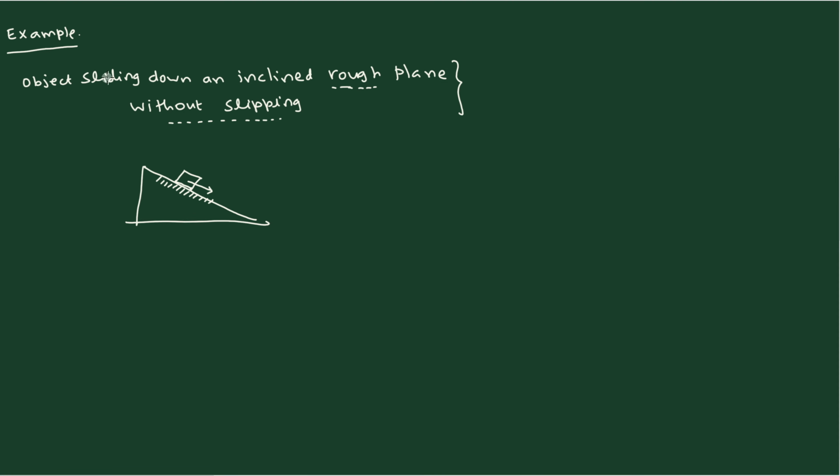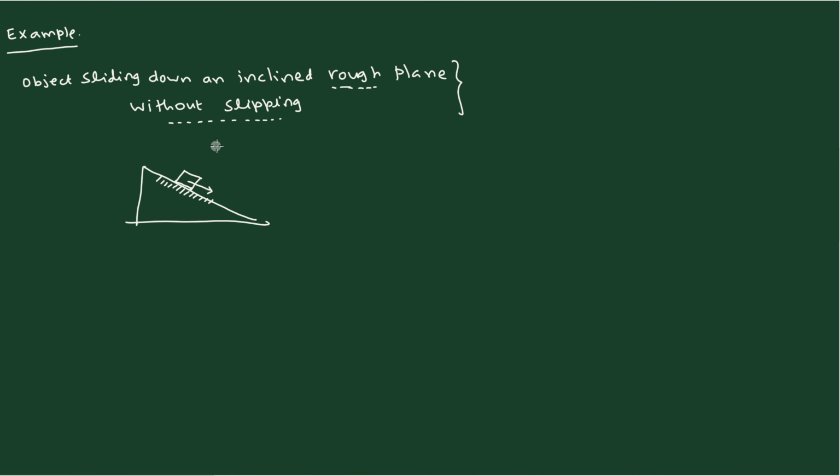So what is the question now? The question is a simple one. You have an object which is sliding down an inclined plane, but the plane is a slightly rough surface so that no slipping takes place. Now, how will you classify it? What are you going to do now? Is it coming under holonomic constraint, or will you classify it into non-holonomic constraint? Because a constraint is there, that is clear.